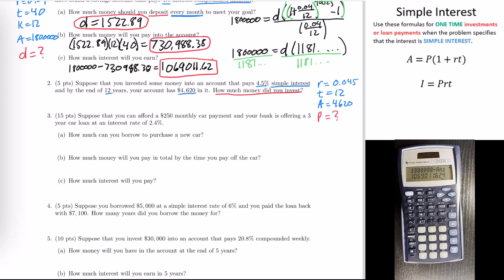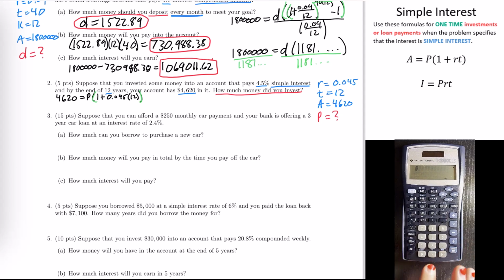So the variable A is 4,620, and this is equal to P, which is what we're looking for, times 1 plus my interest rate of 0.045 times the time of 12. So to simplify this, I'm going to see if I can simplify inside of the parentheses. And I can, because I know all of the numbers in there.